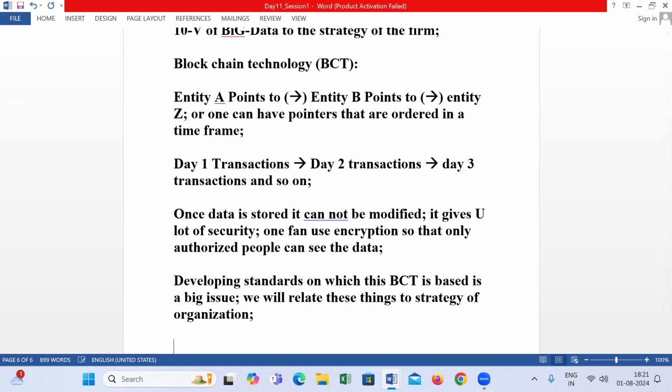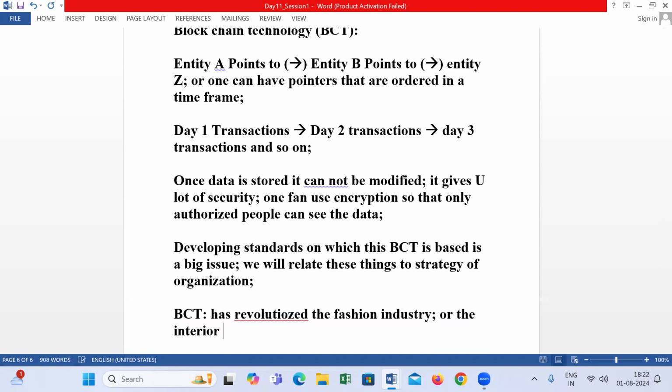This blockchain technology has revolutionized the fashion industry or the interior decoration business.